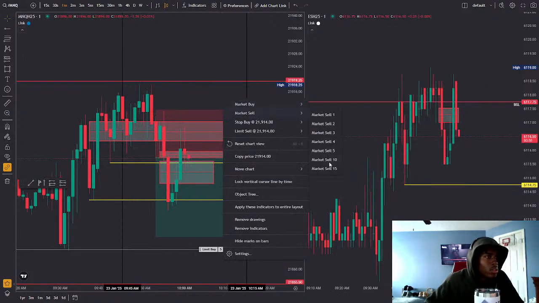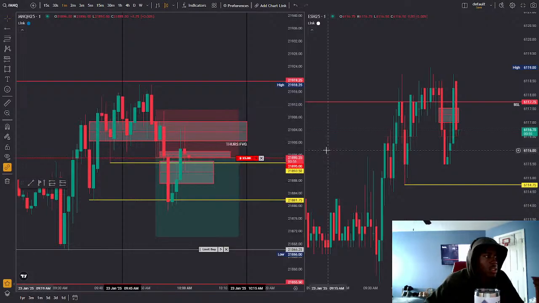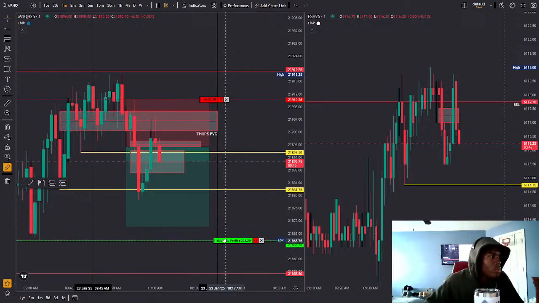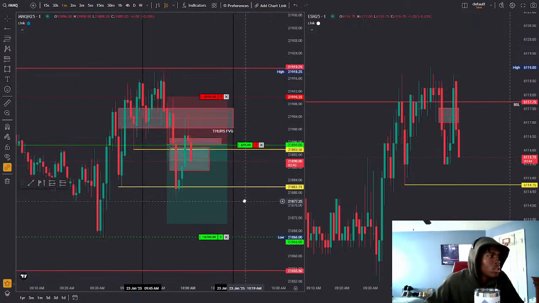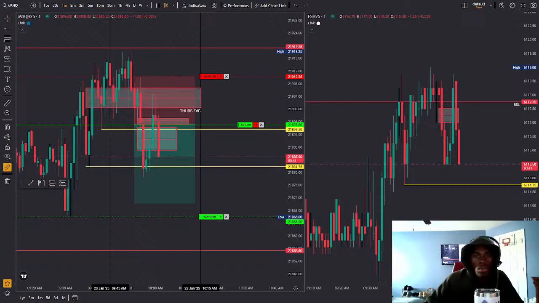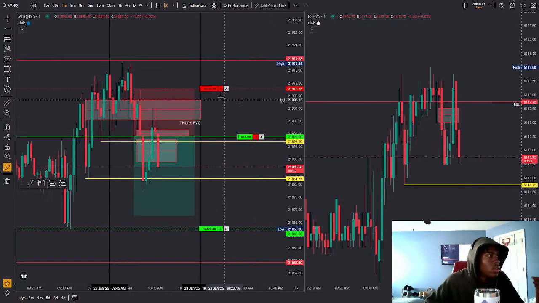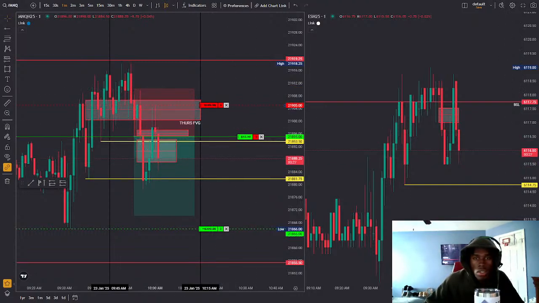I'm re-entering here. Half position size. I run that same stop above here. Alright, moving that, man. Fuck, it's hot, boy.